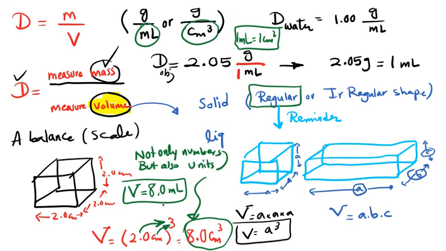This is the one thing you should know. For irregular shaped solid, we need to use one method we call the displacement method, and I ask you to watch another video. Thank you for watching this short review regarding the density measurement for regular shaped solid in the lab.